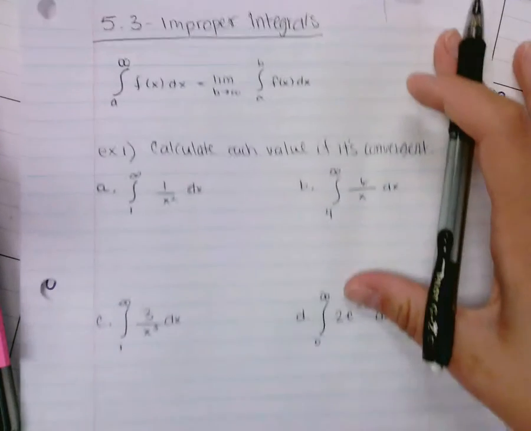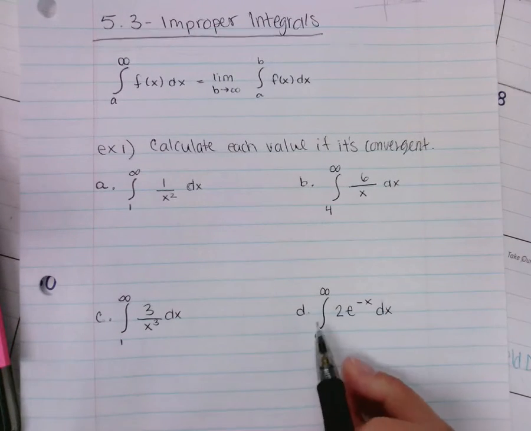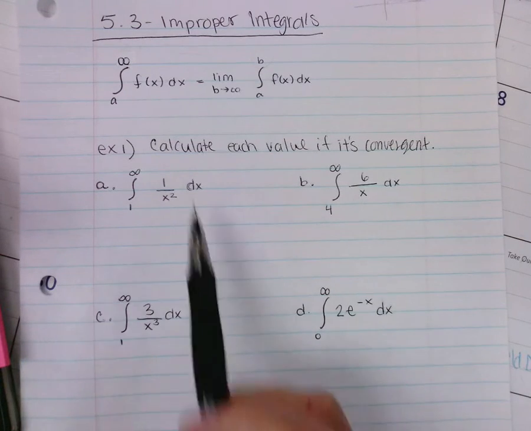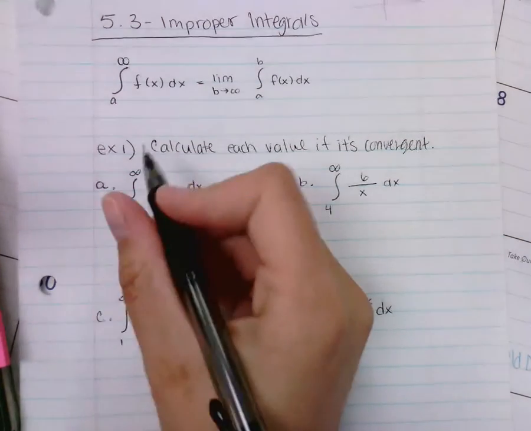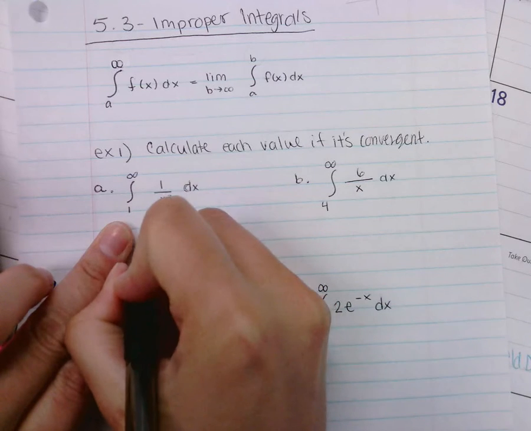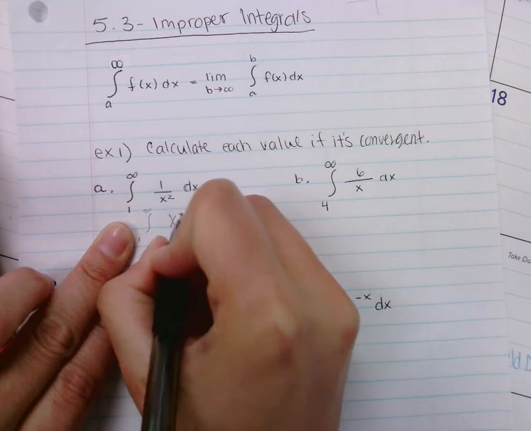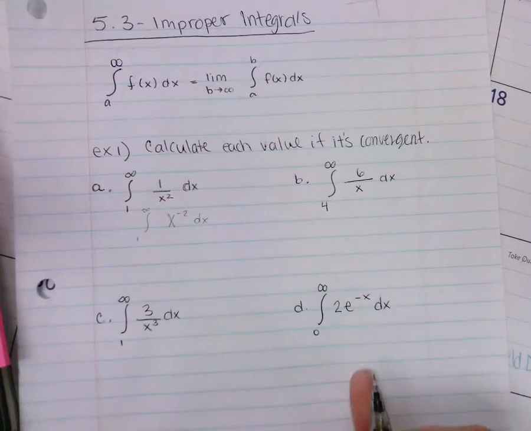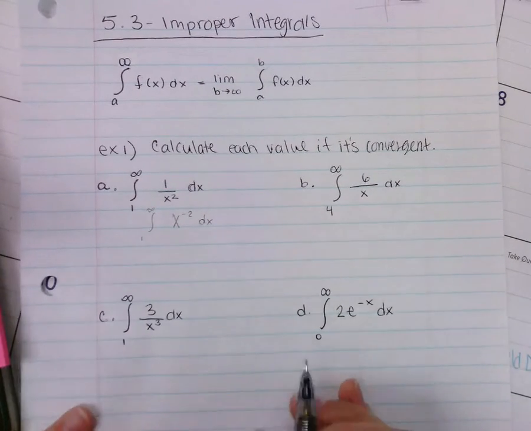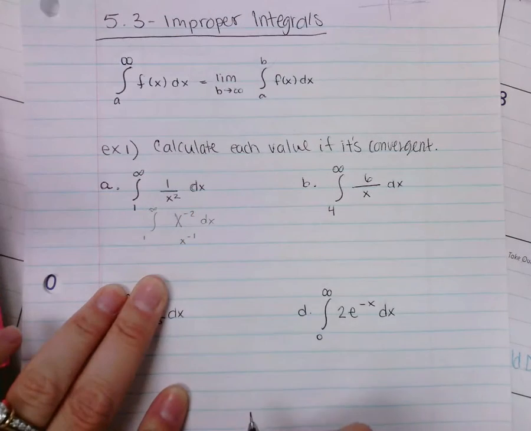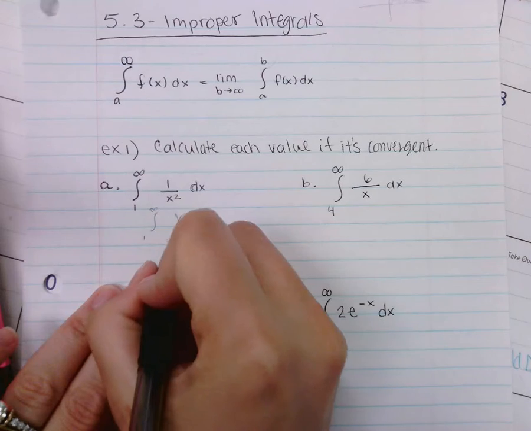So let us practice this one. The first thing you're going to do is just integrate the function normally. So this is the integral of 1 times x to the -2 power. We're going to add 1 to the exponent, which gives us -1, and then multiply by the reciprocal of that, which gives us -1.